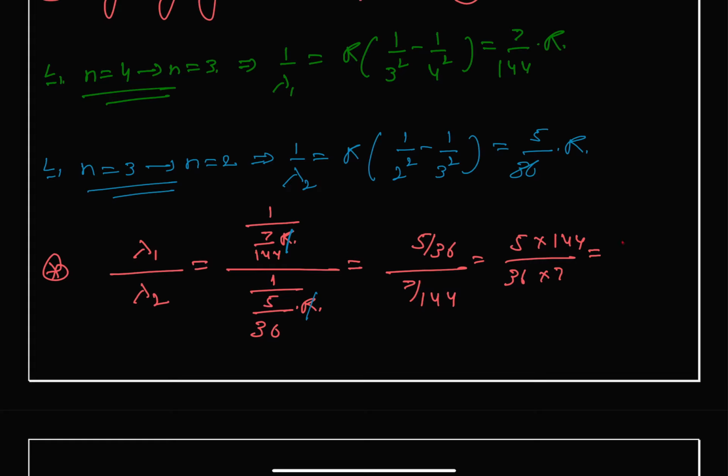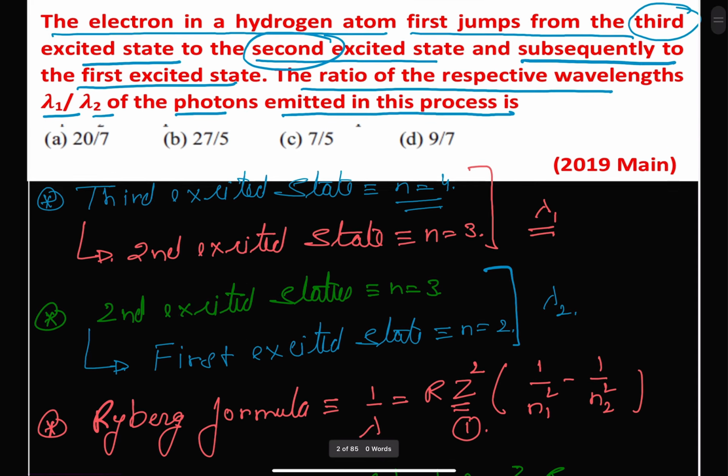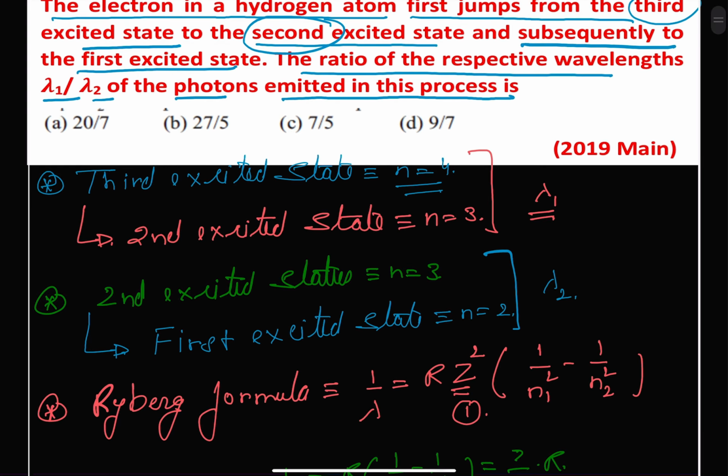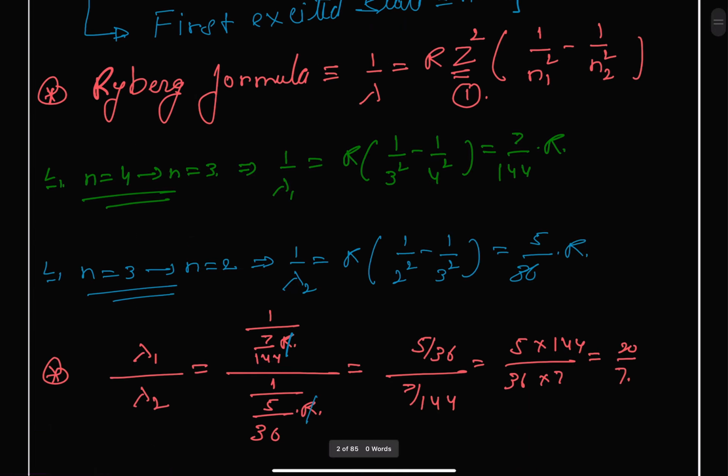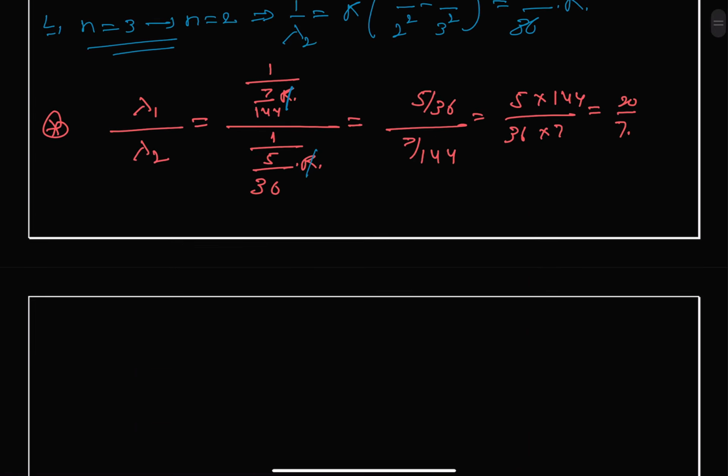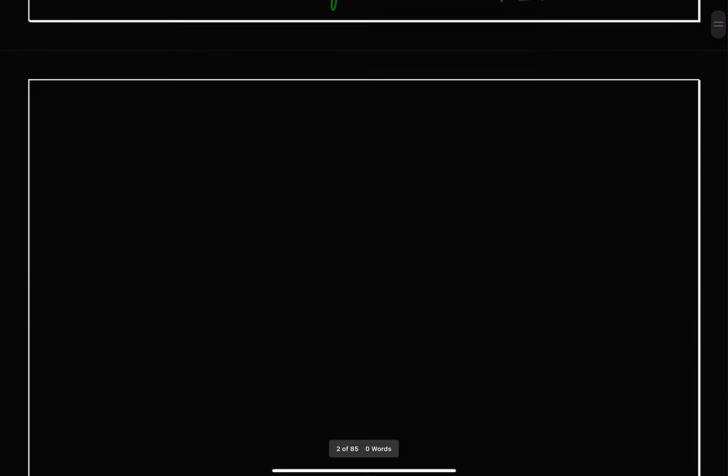This gives us 20 upon 7. So option number A is correct. Option A is correct. Next question.